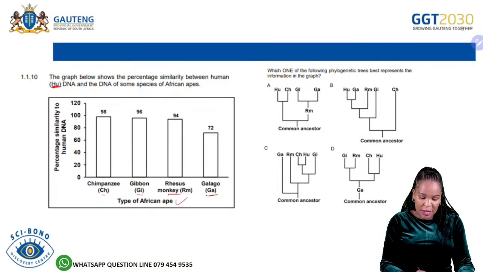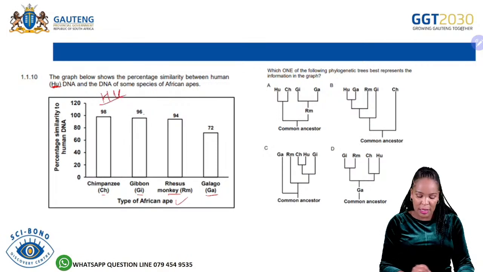So the chimpanzees would have 98% similarity. The gibbons will have 96% similarity to the humans. Remember, we are comparing this to the humans. Then the rhesus monkey will have 94% similarity to the humans, and the galago will have 72% similarity to the humans. Now you have interpreted your graph.